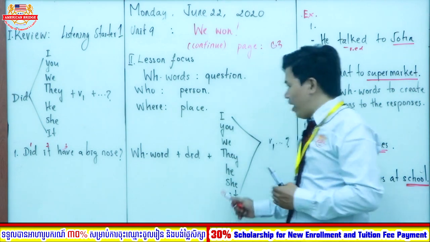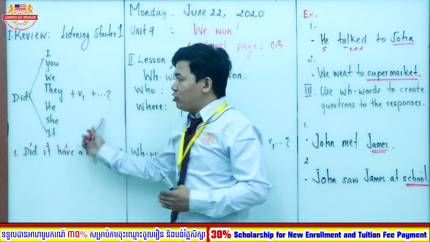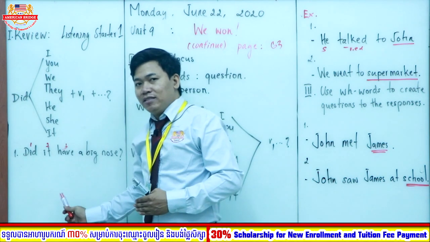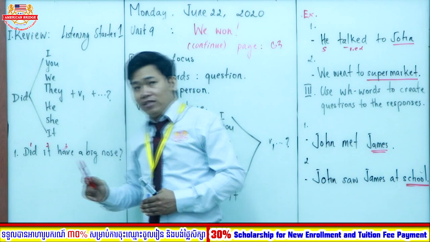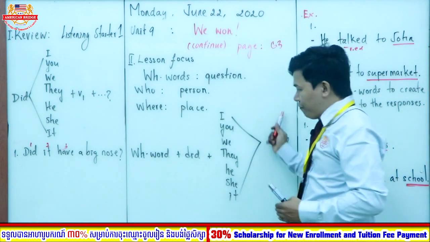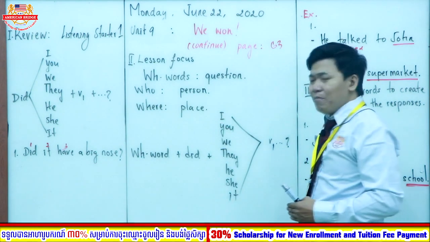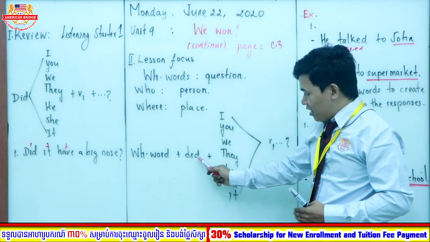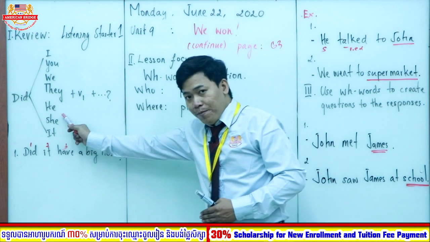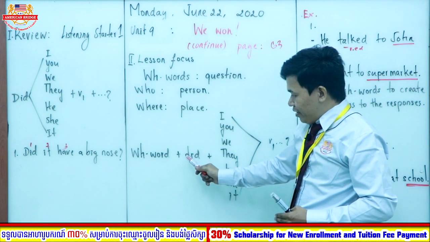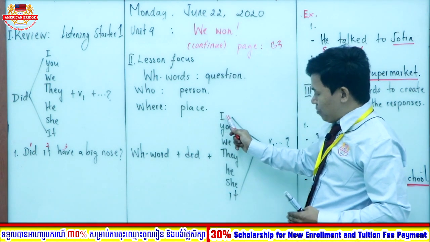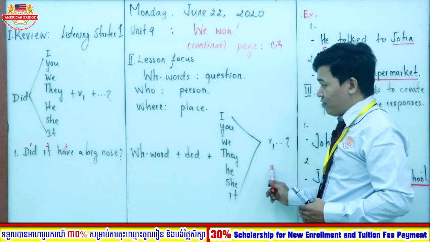Last time you learned with me how to create a question in the past by using a helping word at the beginning of the sentence. Actually, we follow the same form but with a little difference. Take a look at this form, a little bit different, right? Did plus subject pronoun I, you, we, they, he, she, it plus verb 1.